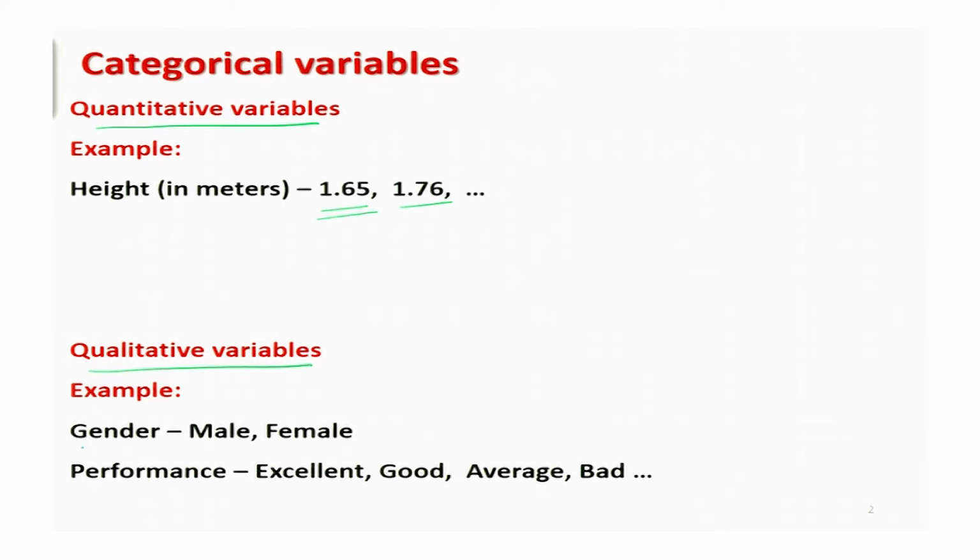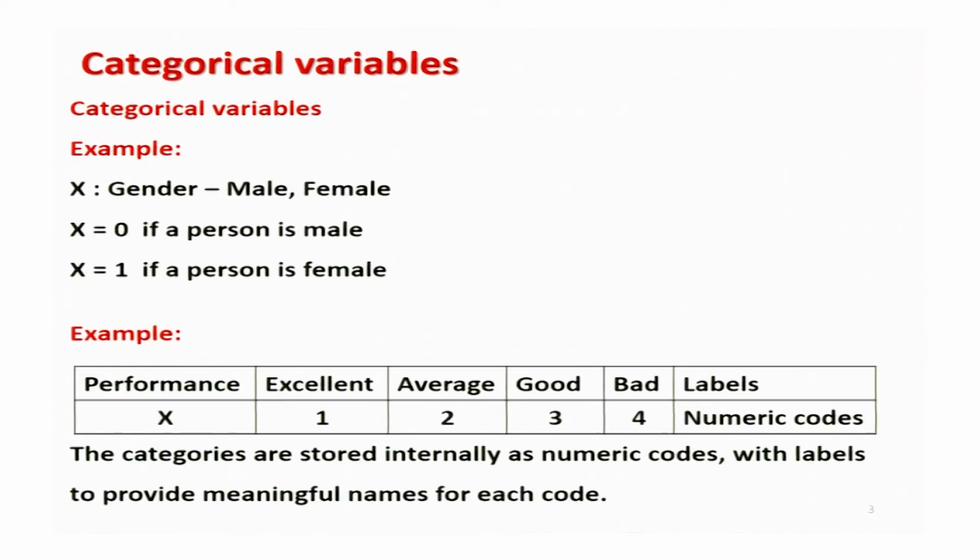For example, the gender, that is male or female, performance can be excellent, good, average, bad, etc. So now we always want to convert this data into some numerical values. For example, if I am taking the variable as gender, there are 2 possible values, male and female. So I take the variable x equal to 0 if the person is male and x equal to 1 if a person is female.